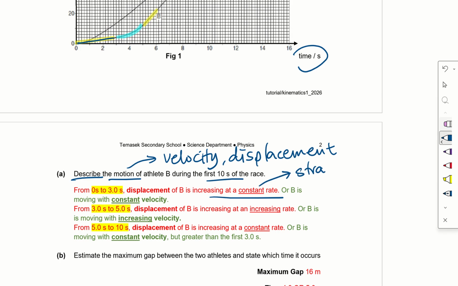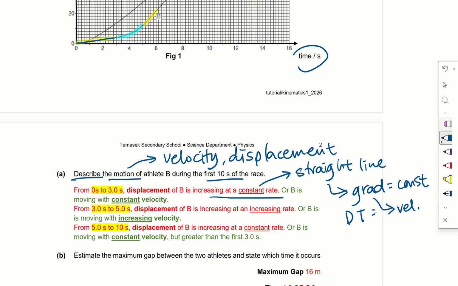If it's a straight line, then the gradient is constant. And in a dt graph, the gradient represents velocity. So we can say that the displacement of B is increasing at a constant rate, or B is moving with constant velocity.